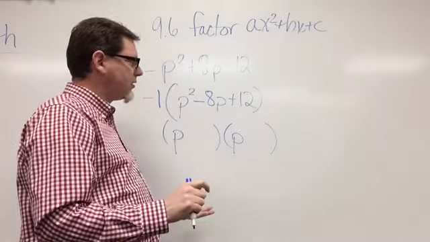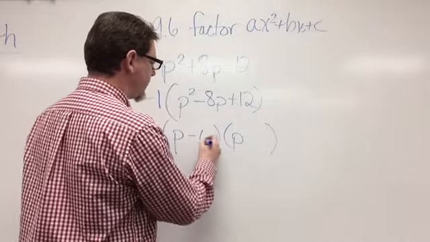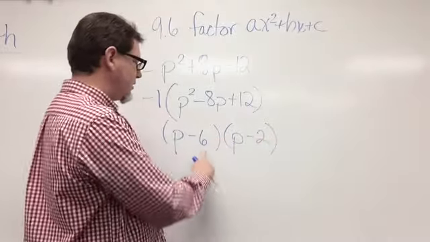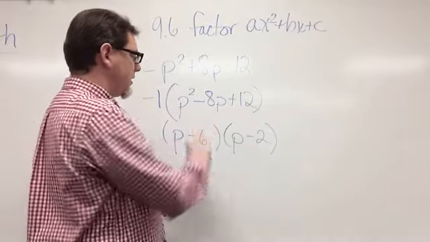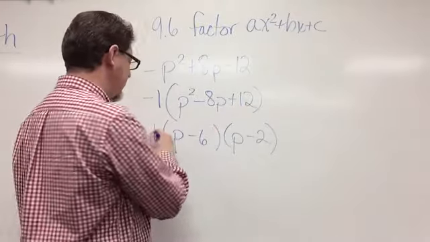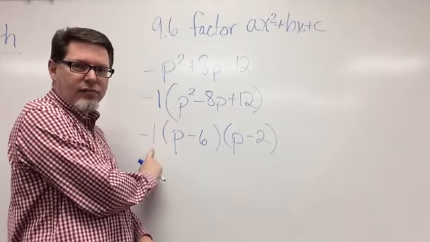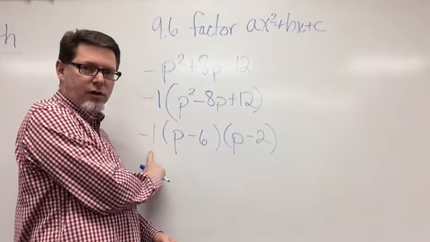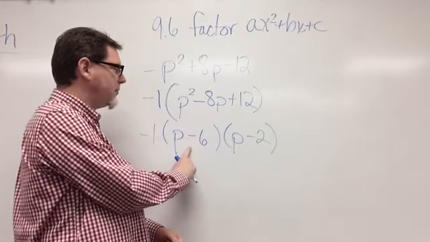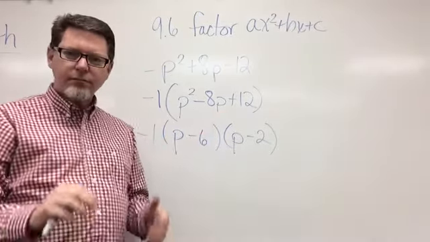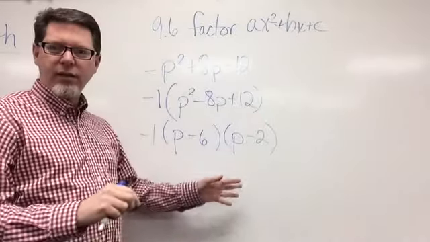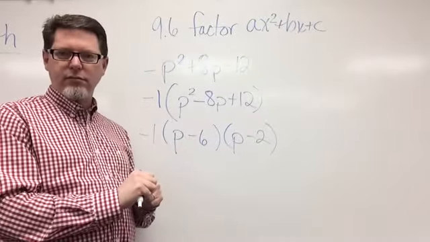That would be -6 and -2, because -6 times -2 is positive 12, and -6 plus -2 is -8. So my solution is -1, and I have to bring that -1 down or the answer will be wrong. -1 times the quantity of p minus 6, p minus 2, that's all. I'm done. I don't need to multiply that -1 by anything. That is my final answer.